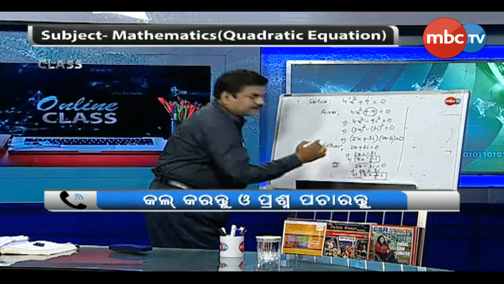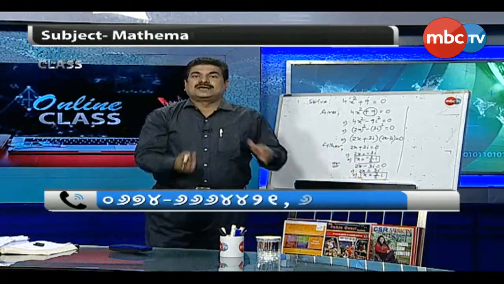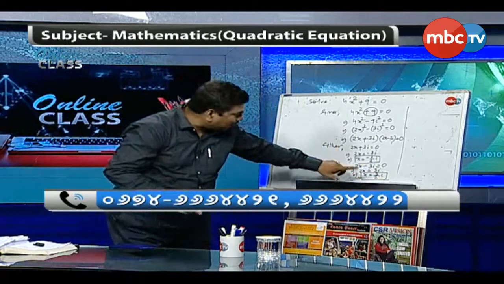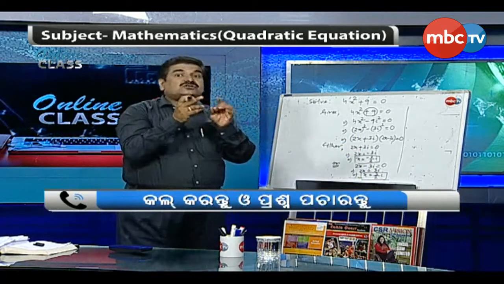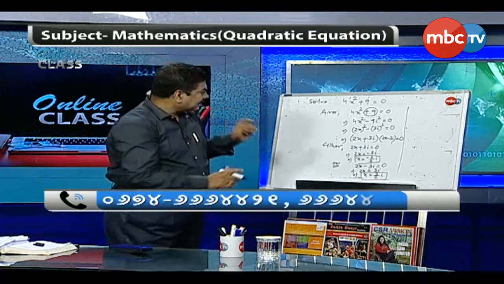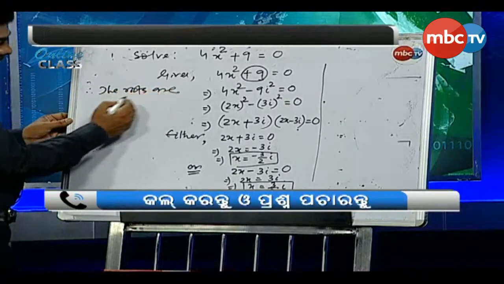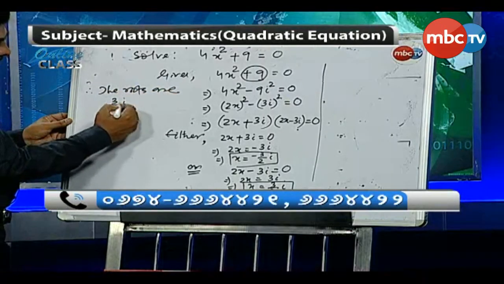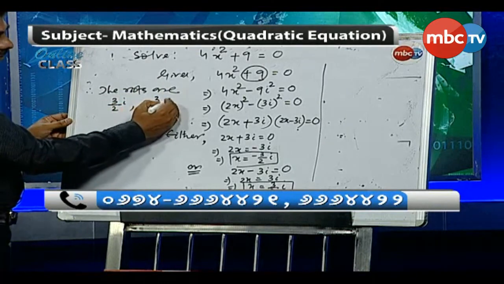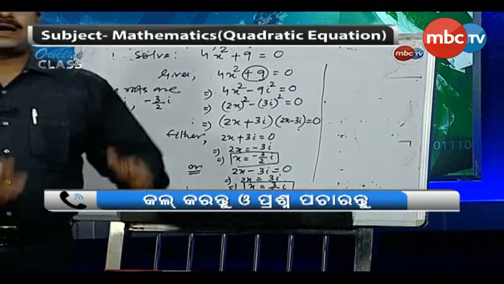If one root is 3 by 2i, then the other one is minus 3 by 2i. That means the roots are 3 by 2i and minus 3 by 2i, and these two are conjugate to each other.